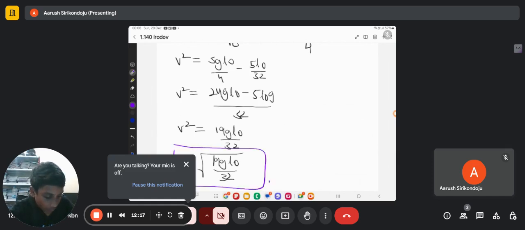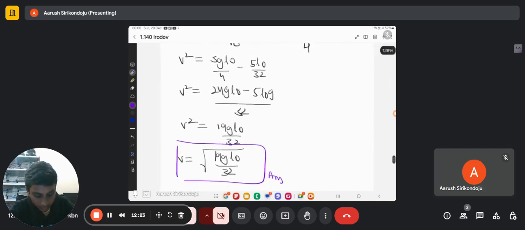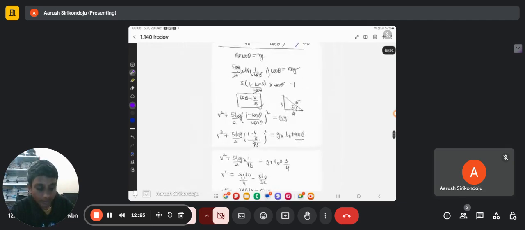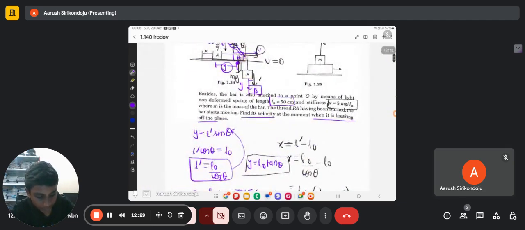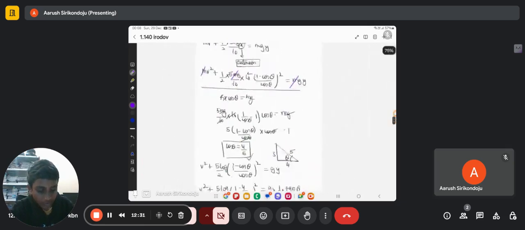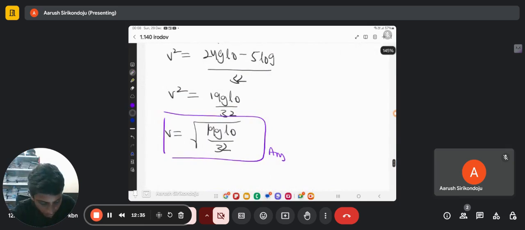But if you wanted to expand it a bit more, it was given in the question that L naught is equals to 50 centimeters, right? Which is half meter. So L naught is equals to 1 by 2 meter.